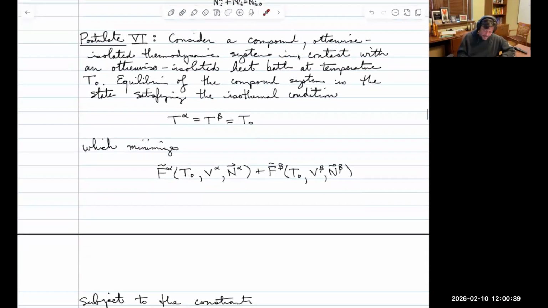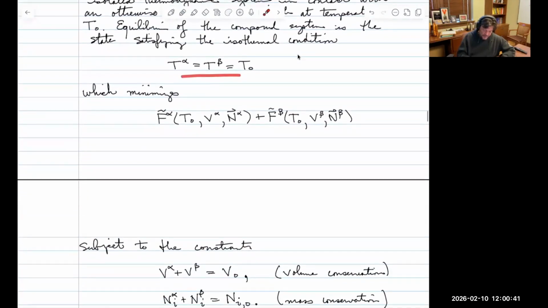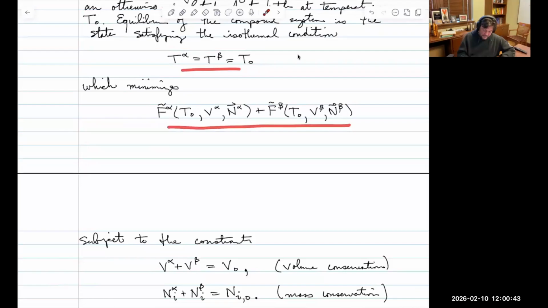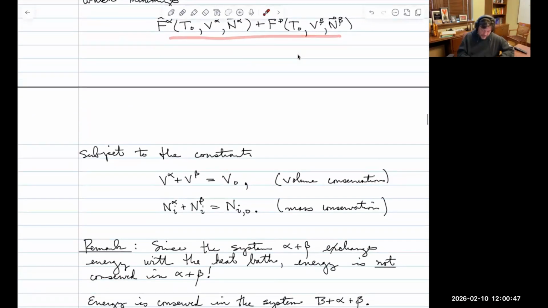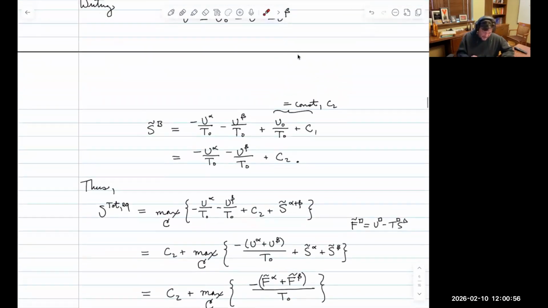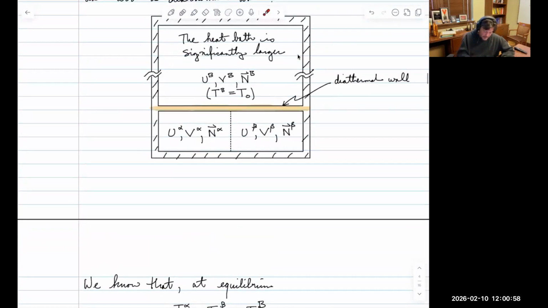So it's that state which is isothermal, which minimizes the sum of these two functions, subject to the following constraints. V alpha plus V beta has to be equal to the total size of the container. Which container am I talking about? I'm talking about the size of this container, right?